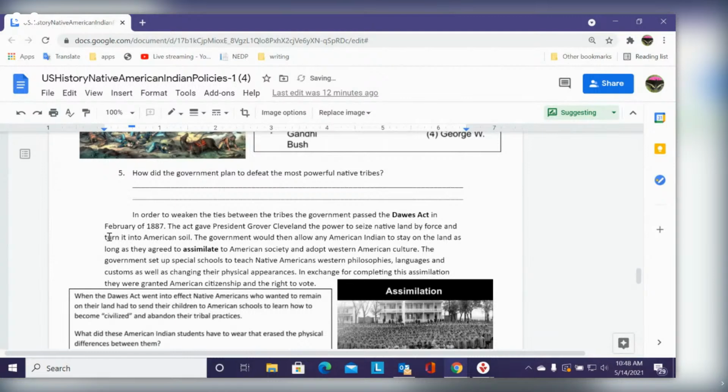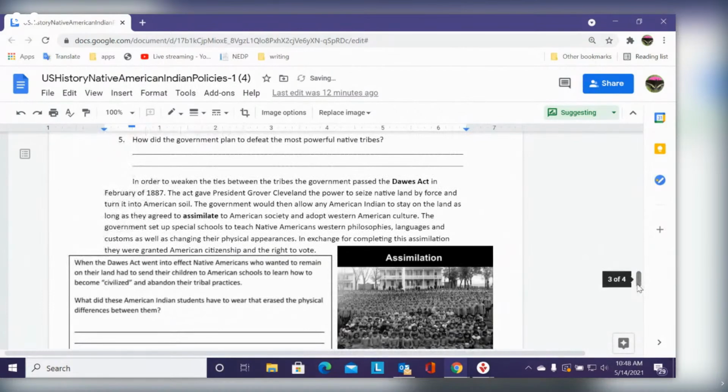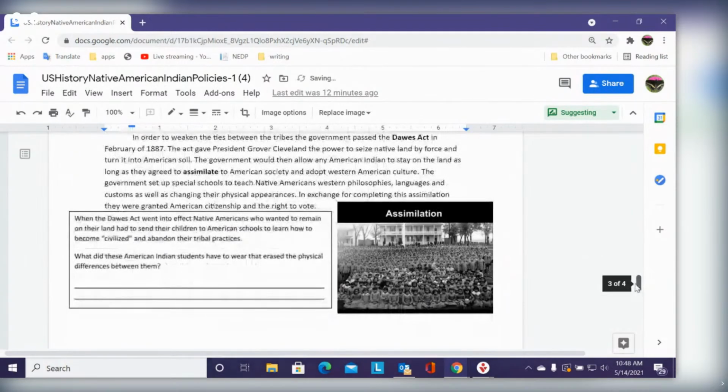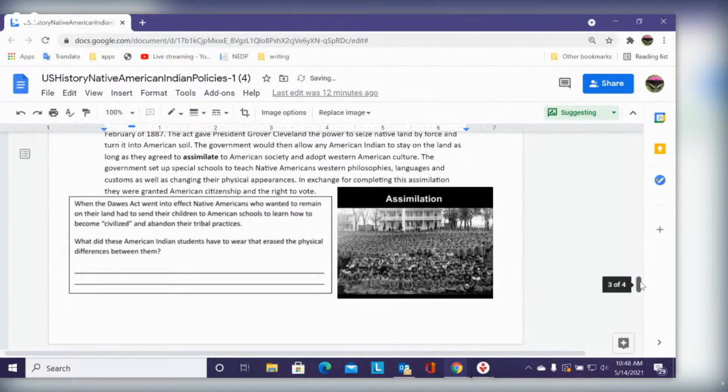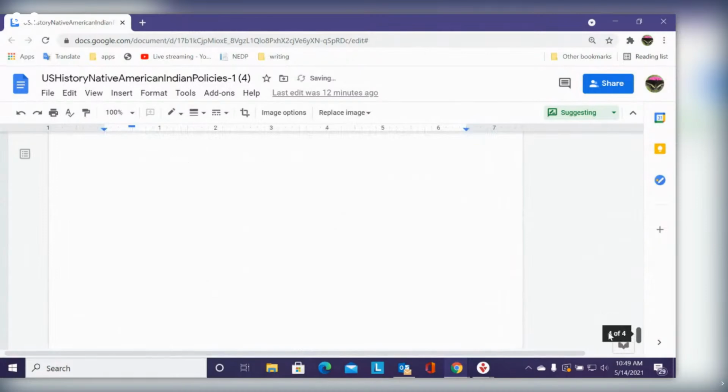They set up schools for Indian children where they were re-educated to assimilate, to join, blend in to the greater culture. There are stories of great abuse and trying to make these children learn by force. And if you look at them in this picture, they're dressed in the little pinafores, the little dresses from the day. And so what did the Dawes Act do and why was it created?